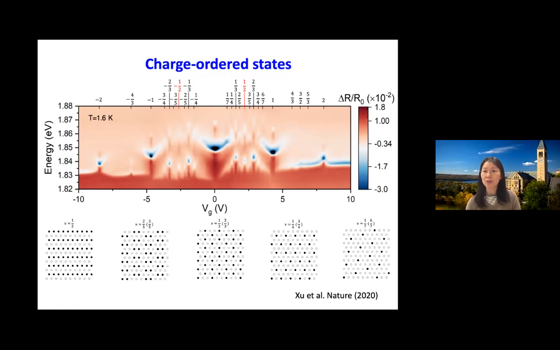I just would like to point out that if you look at the first two configurations of the electron crystal, you see that the rotational symmetry is broken. And that's something that can also be probed using optical techniques.